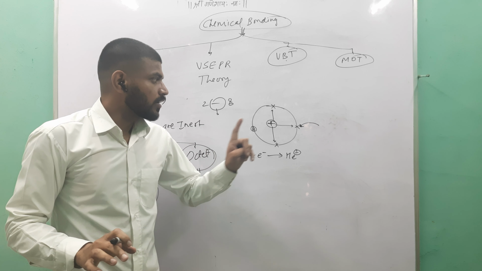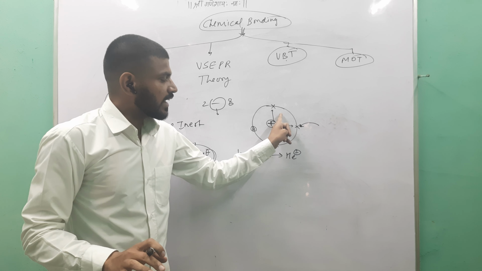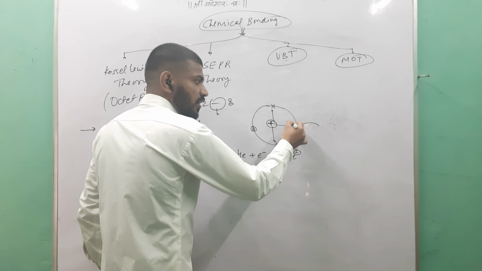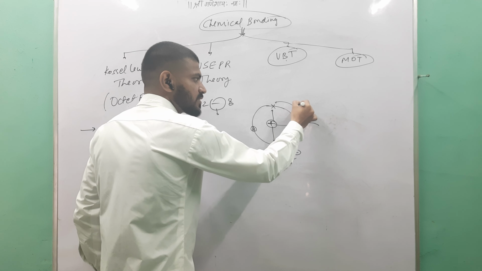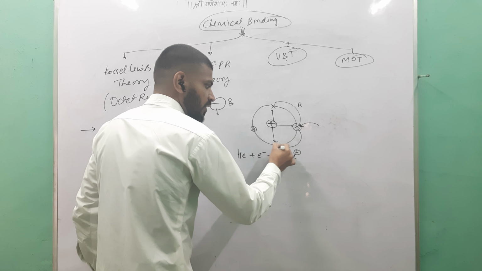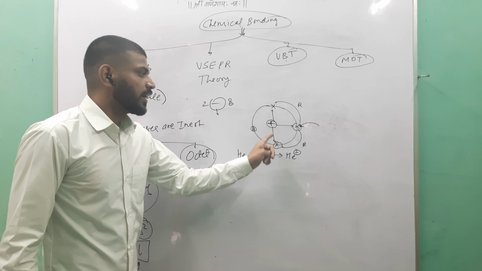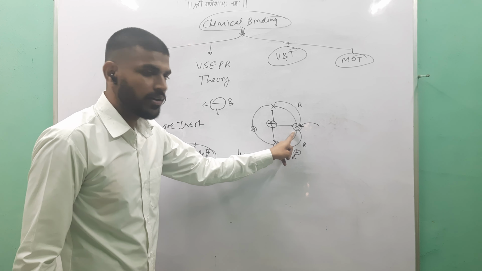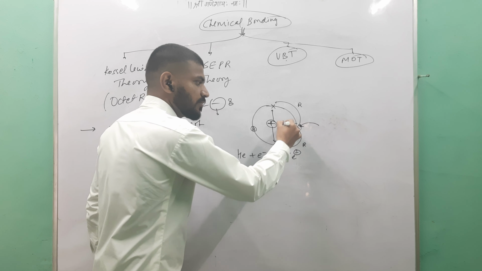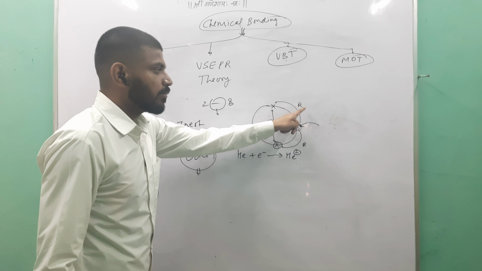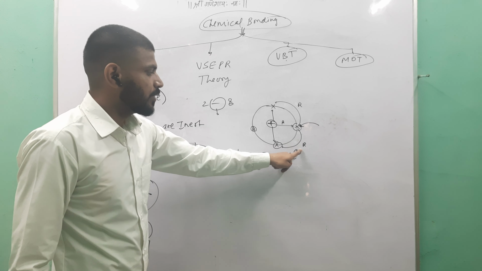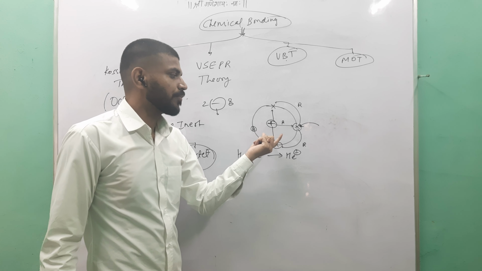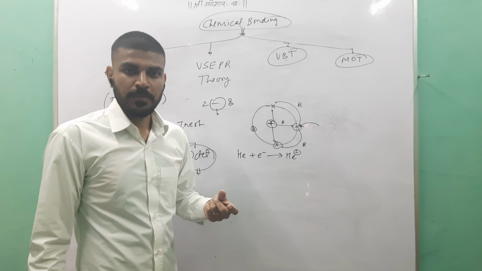But we have to look into the other half of the concept, that is the repulsion between these electrons. It is totally acceptable that the positive charge is holding this electron with a force of attraction, but there is a double force of repulsion between electrons that makes this helium very unstable.